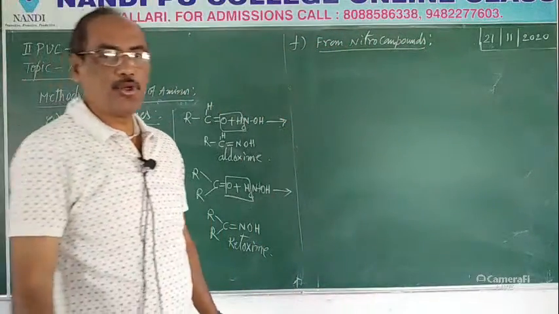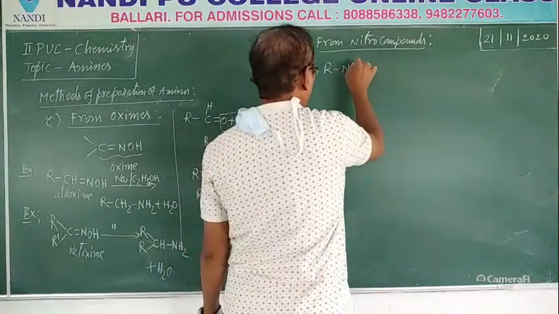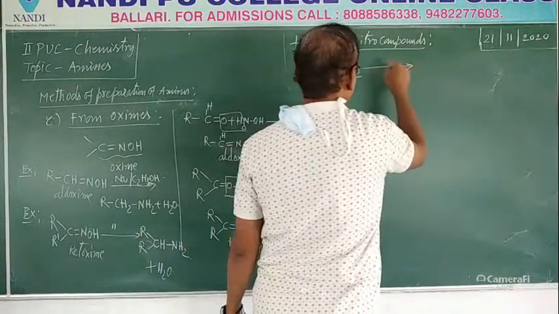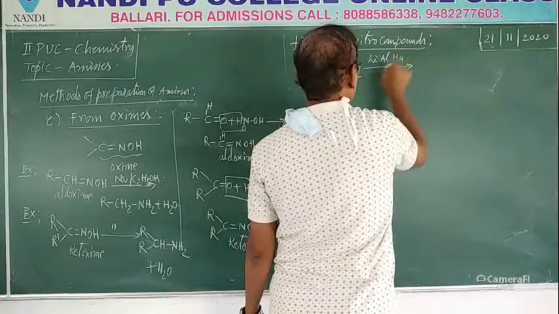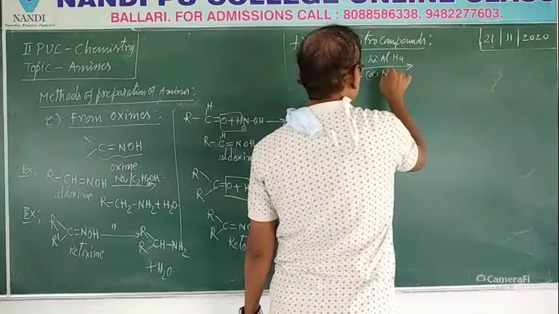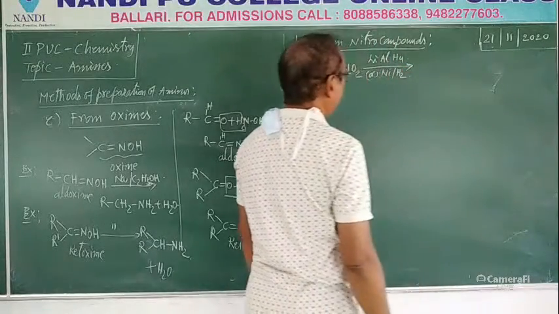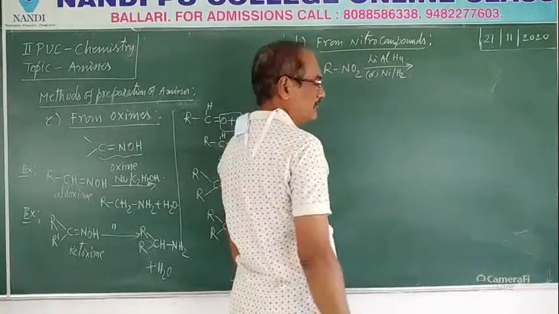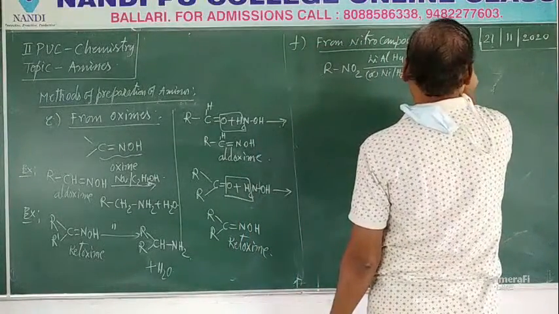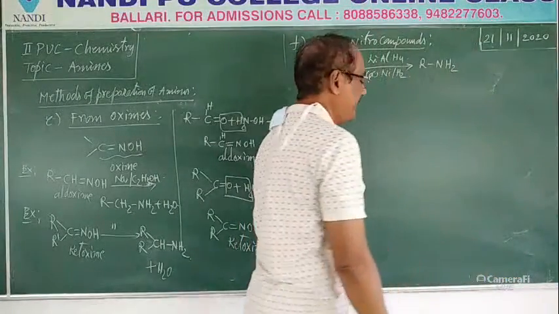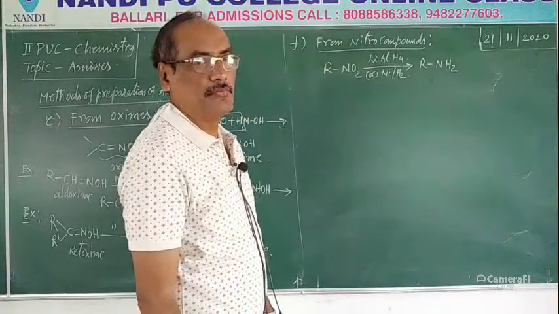Suppose RNO2, on reduction with LiAlH4, or metal nickel and H2, can be converted to RNH2. The nitro group is reduced to an amino group.